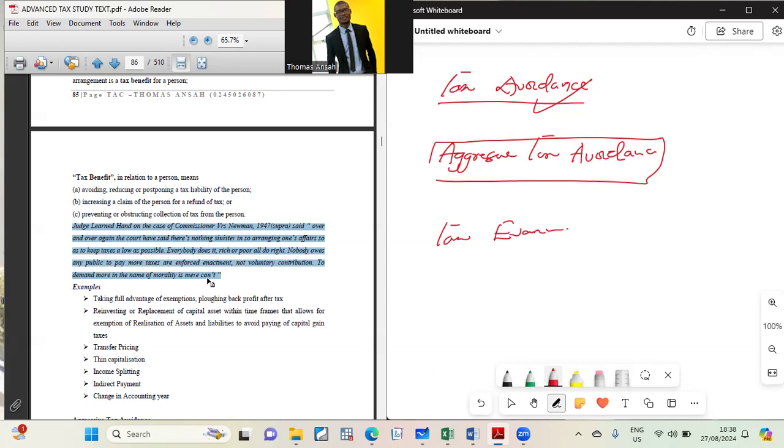To pay more taxes is neither an enforced enactment, nor a voluntary contribution. This means that you can't tell a person to morally pay tax. You can't just do that. And it says that to demand more in the name of morality is a mere cant. For example, not long ago there was the e-levy, which is on Momo.